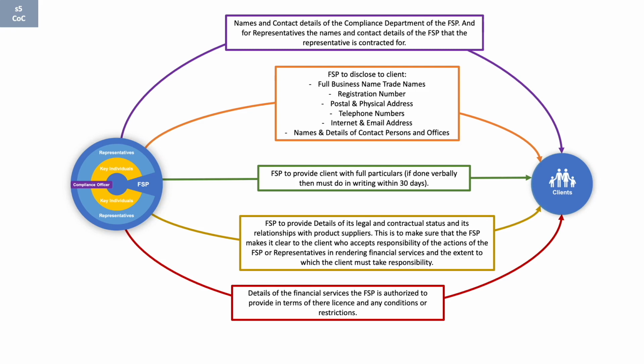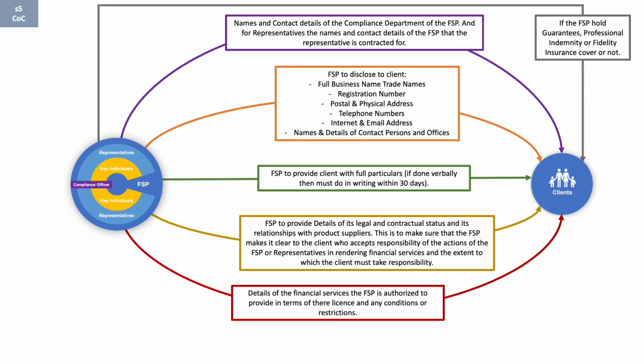The FSP is to provide details of the financial services and financial products it is authorized to render and provide in terms of its license and any conditions or restrictions. The FSP is to disclose if it holds and/or has in place guarantees, professional indemnity or fidelity insurance cover or not.